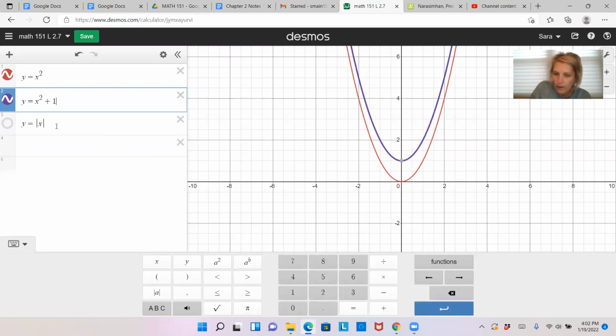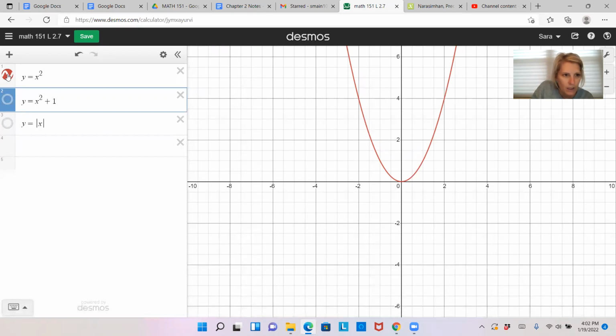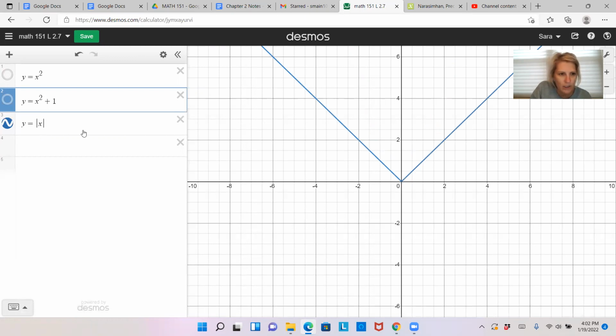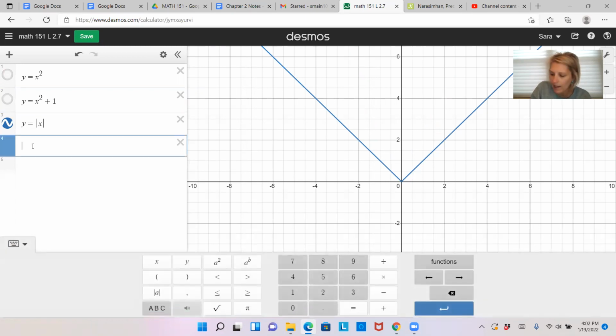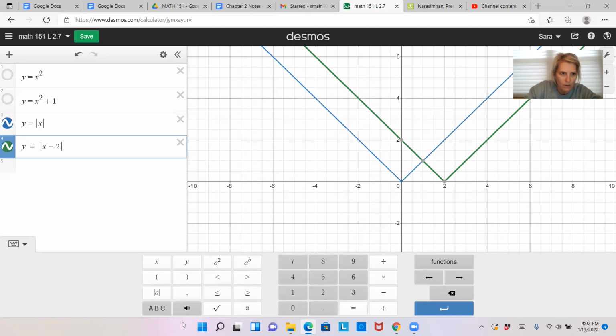So let's look at question number 5 in the book. I'm going to turn these graphs off. Question number 5 is an absolute value function, and this is the base function here in blue. And I'm going to type in the function that they have in the book. It's the absolute value of x minus 2. You can see that even though it says minus 2, it's shifted over to the right 2.